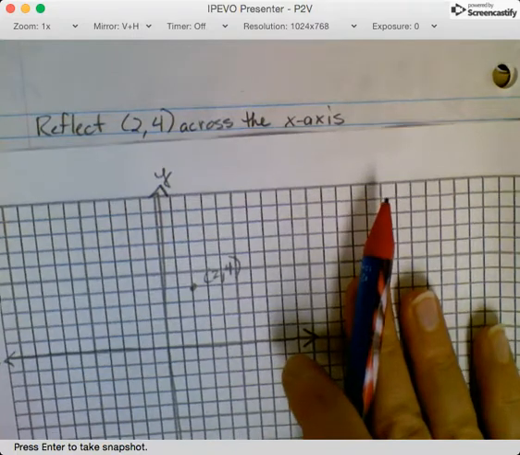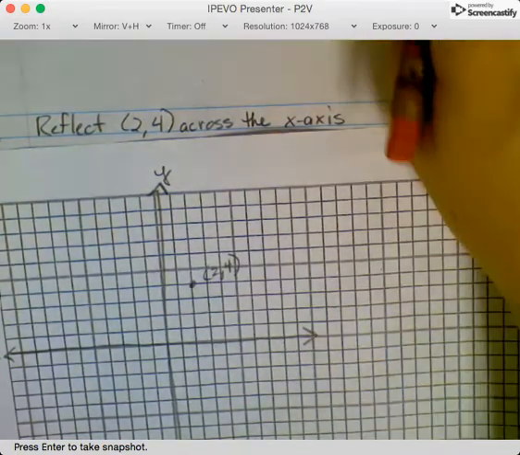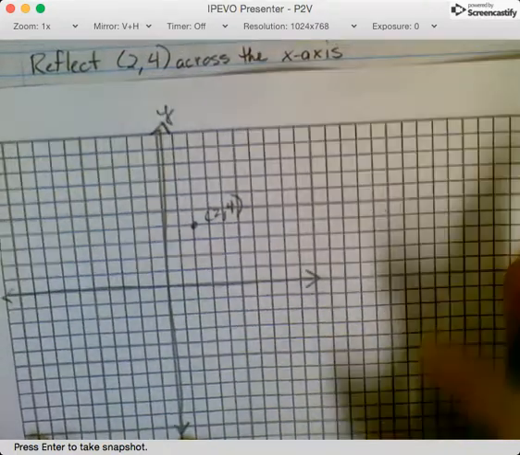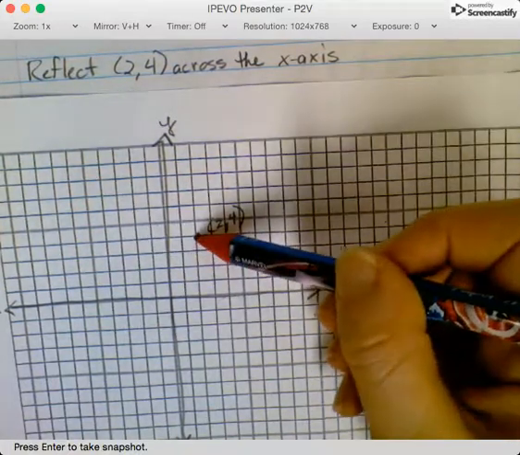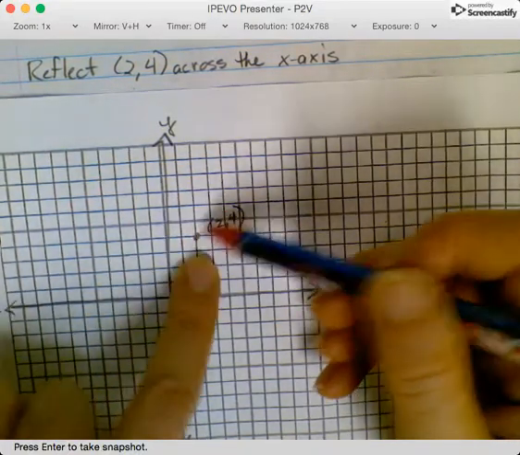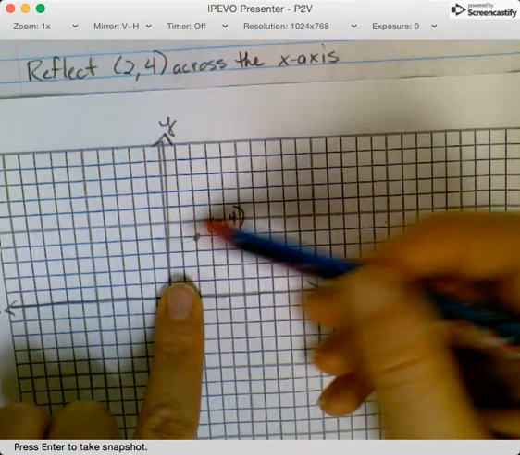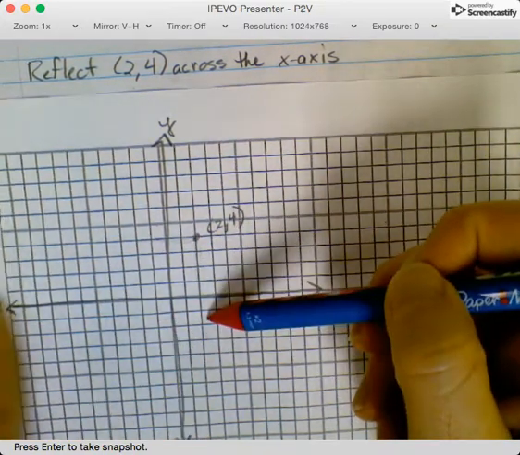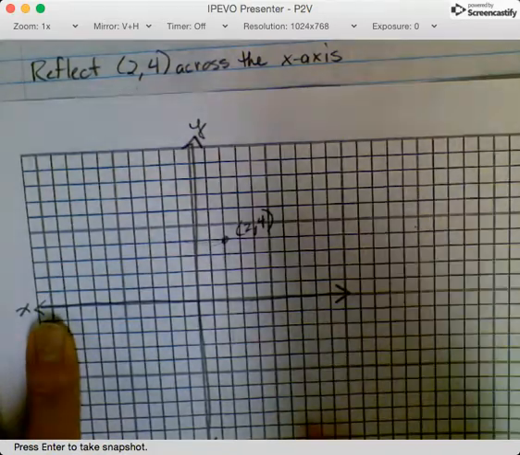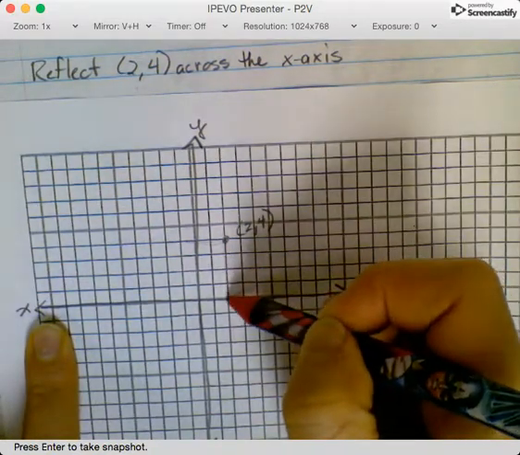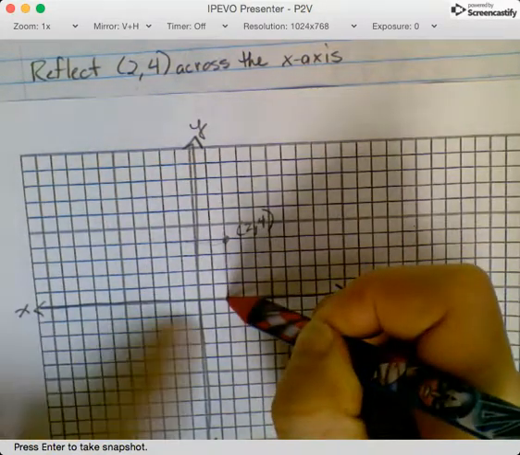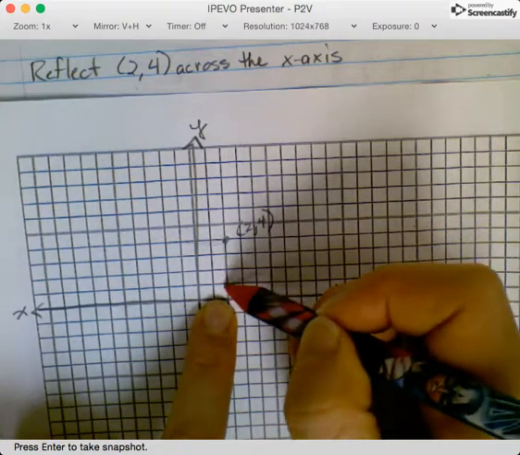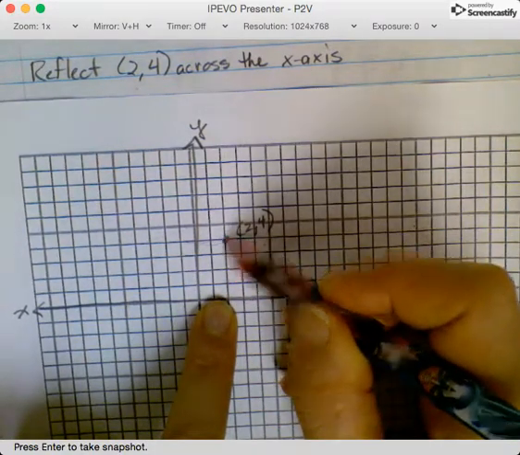So in order to reflect that across the x-axis, that means I'm going to go the same distance here. So it's not going to go anywhere this way. It's going to go across this way, up and down. Okay, because that is the x-axis. So I'm going to go down, and I want to go the same distance on the other side.